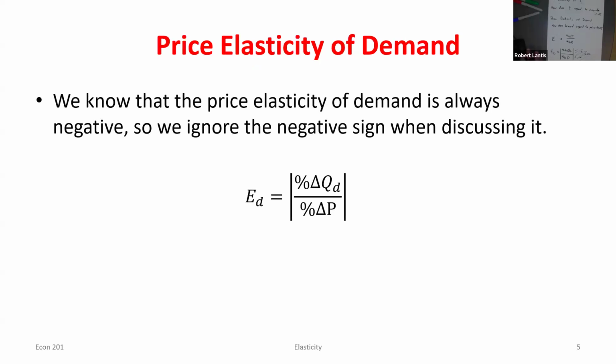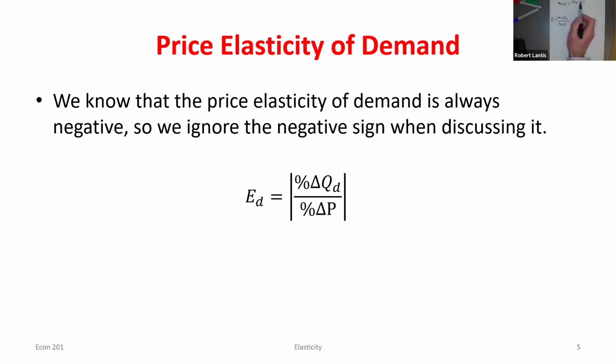Before I show you that slide, this might help some people. So if I've got my percentage change in quantity demanded over my percentage change in price, anytime you want to find a percentage change in something, I'm just keeping this general with X. If you use the midpoint method, you're going to say, what was the change in that variable I'm looking at?